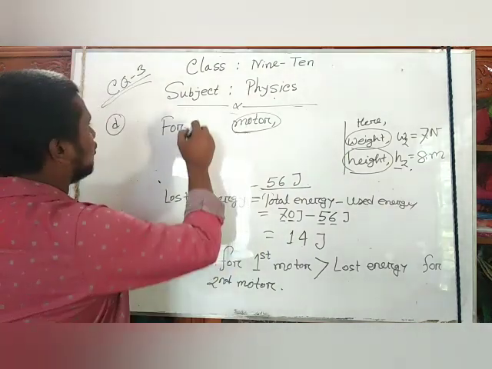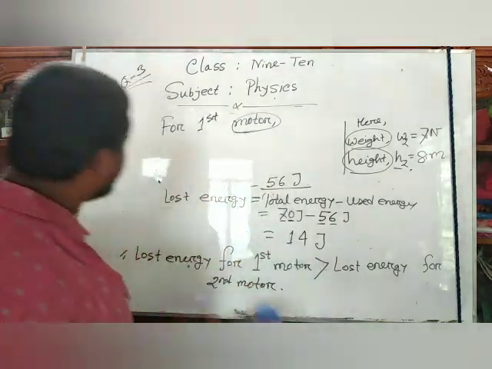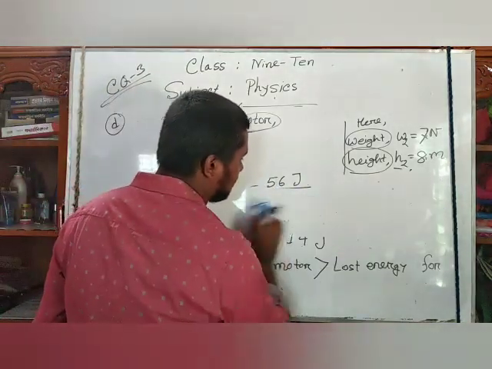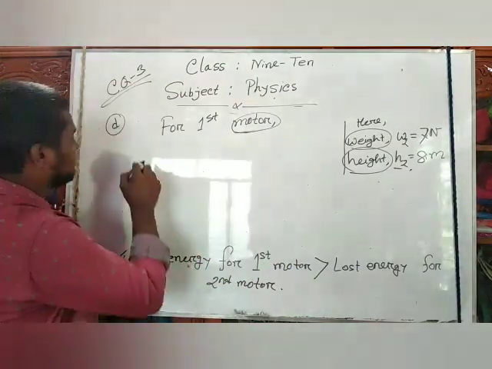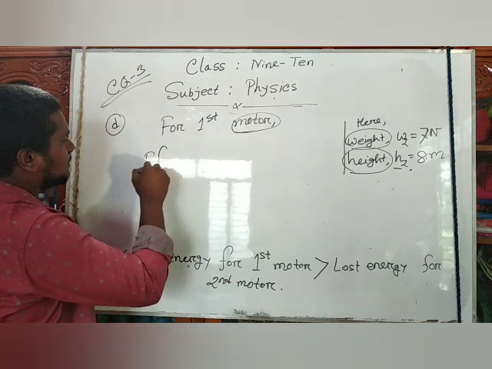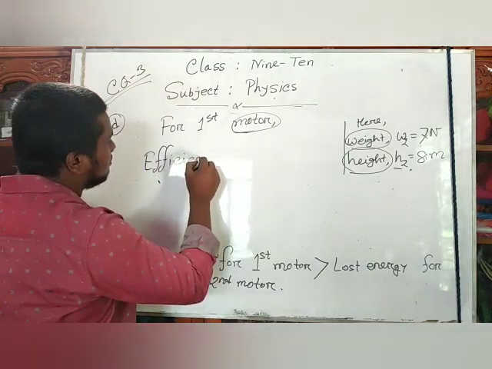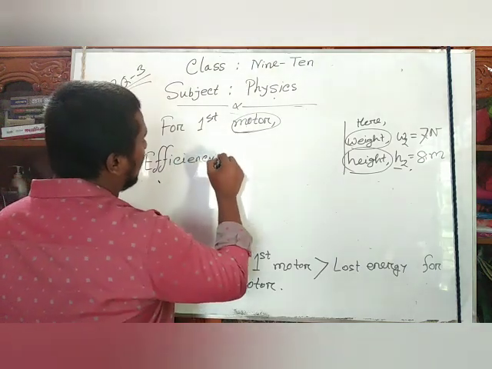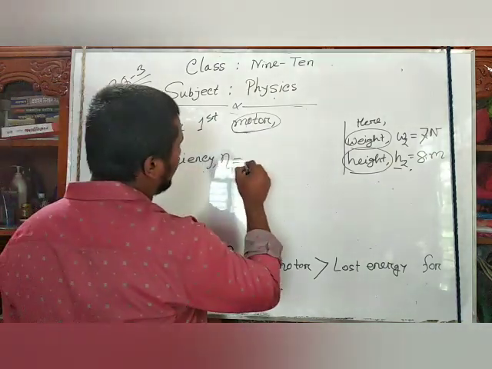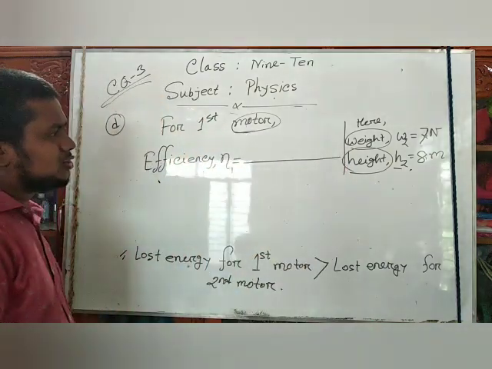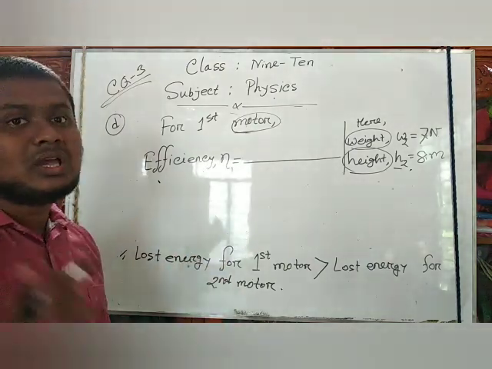For the first motor, you know that the equation of efficiency is, we denote this term eta 1 equals to, you know that we get two formulas, efficiency for power and energy, and this term is related to the energy.